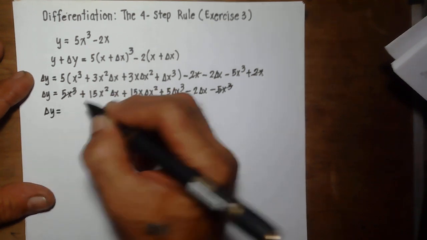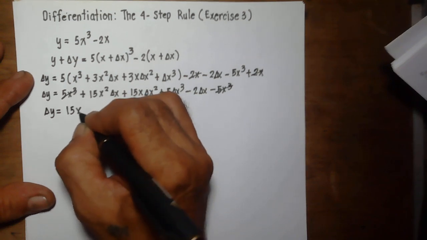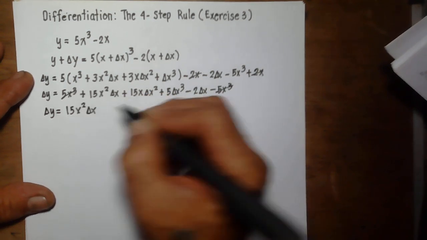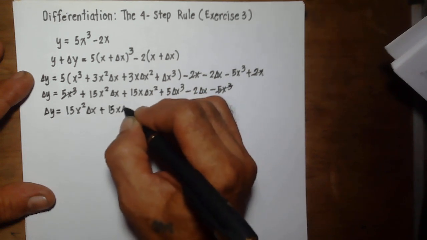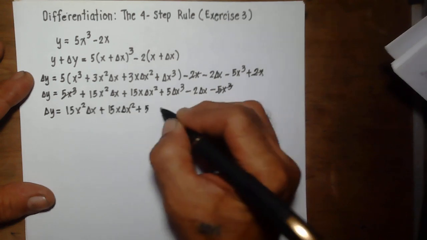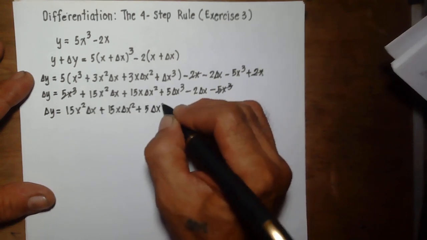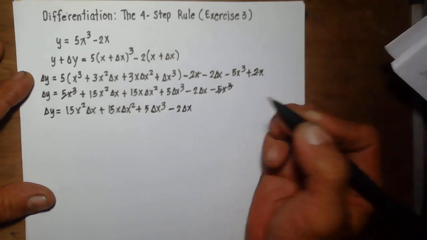Rewriting delta y, we have 15x squared delta x plus 15x delta x squared plus 5 delta x cubed minus 2 delta x.